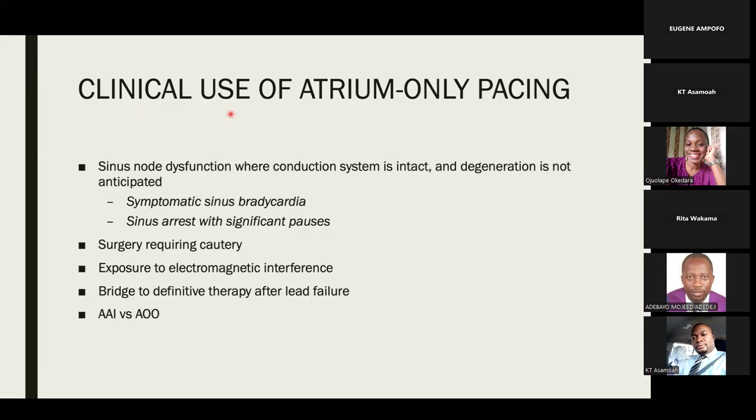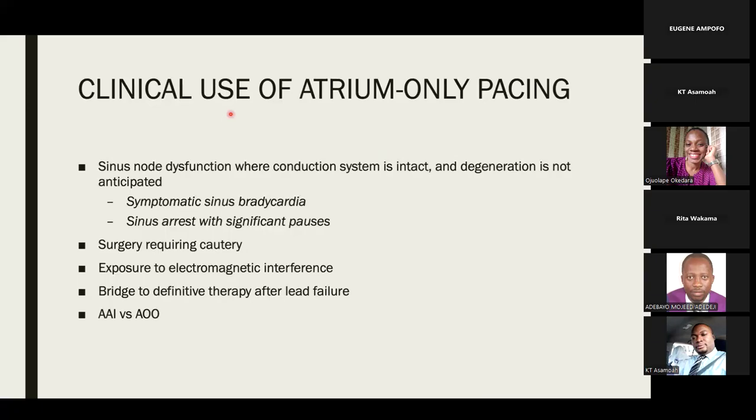So this can be used for symptomatic sinus bradycardia, where you have an intact AV nodal system, or you can use it in a sinus arrest with significant sinus pauses. So that's when you would do atrium only pacing, so that once it paces the atrium, that impulse travels down the AV node to the ventricle and depolarizes it.